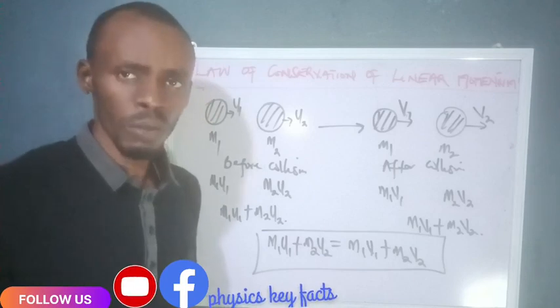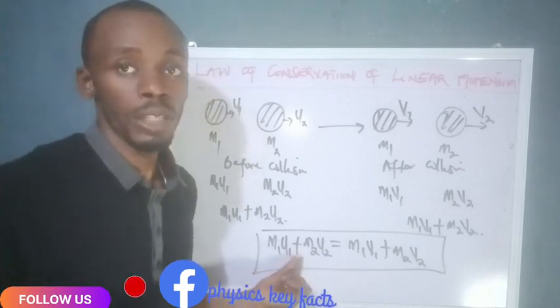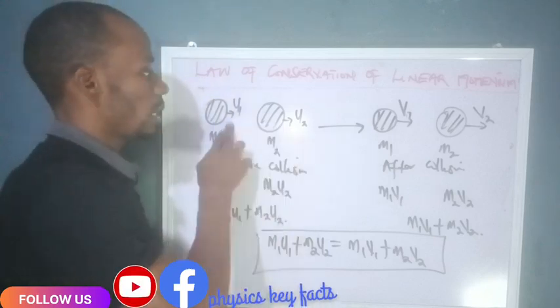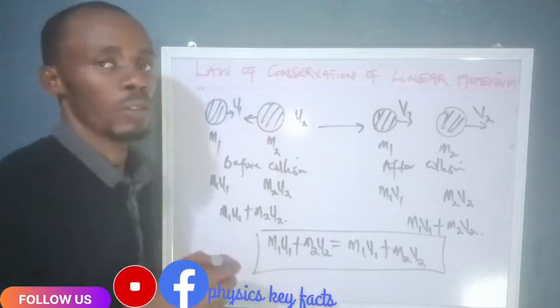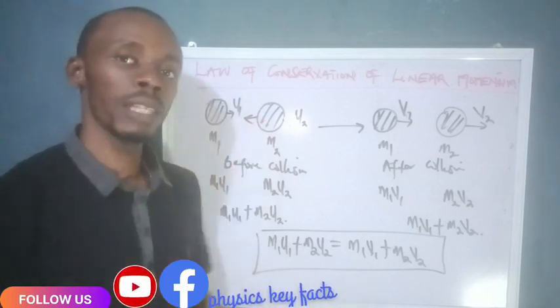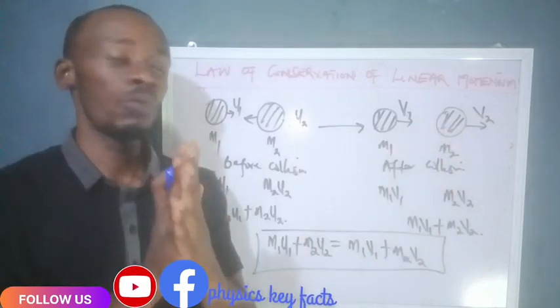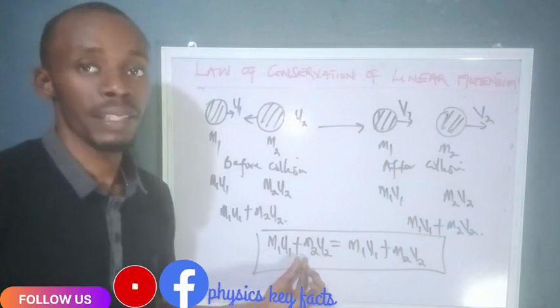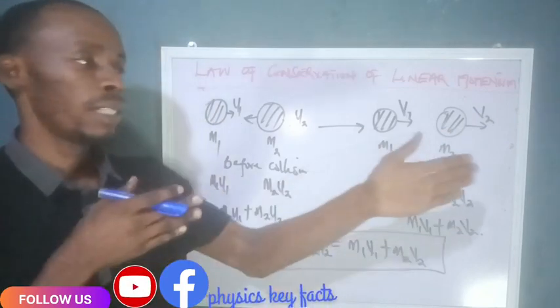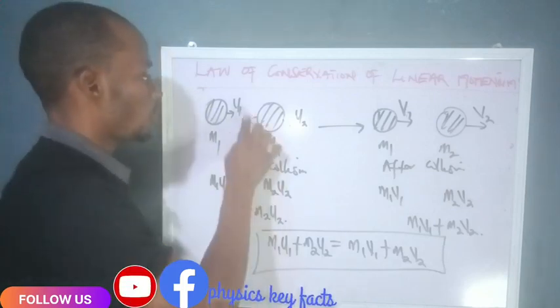So we could have situations where this sign will change. If, for instance, this body and this body are colliding in opposite direction. So I throw a table tennis ball like this, another person throws another table tennis ball coming my direction. When the two collide in this direction, this sign becomes negative. But if they collide in same direction, the sign remains plus.